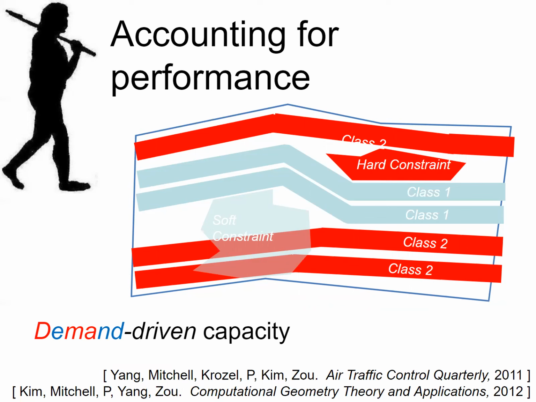And this is again the notion of demand-driven capacity, which in principle should be at the heart of demand and capacity balancing. But the research is still ongoing on how to really define this demand-driven capacity, and in general how to do the demand and capacity balancing in the best, optimal way.